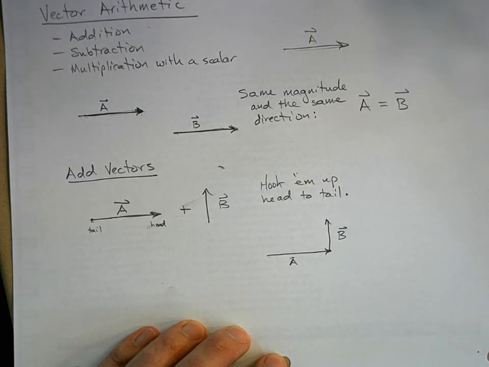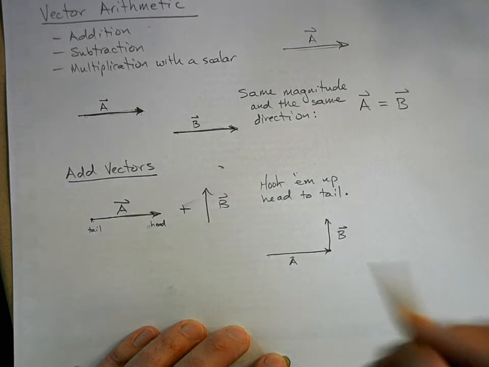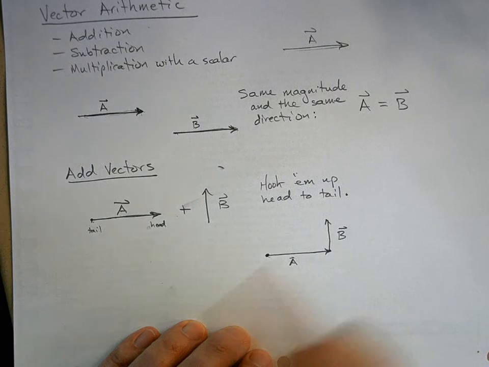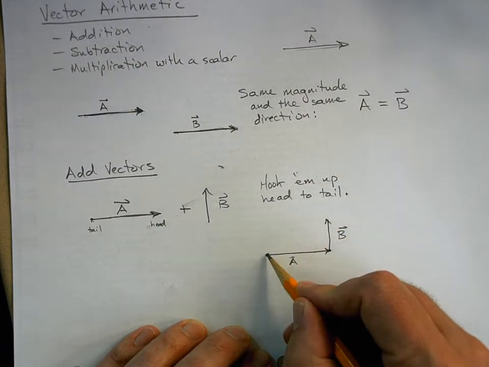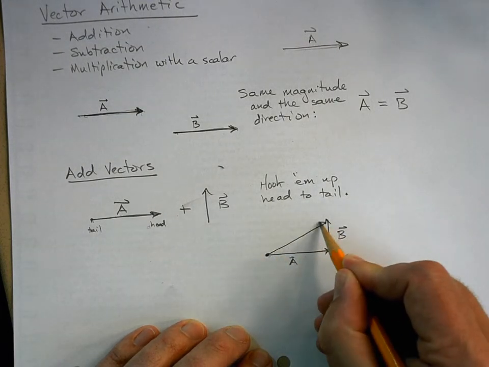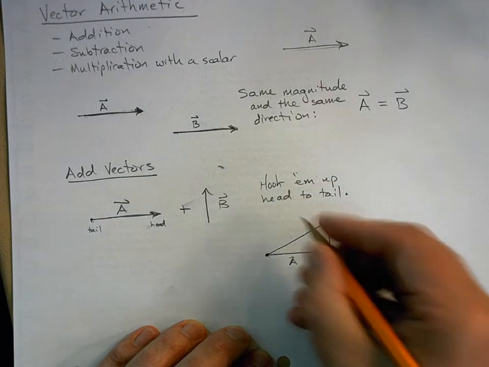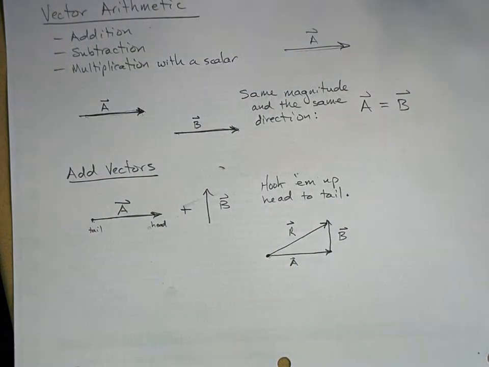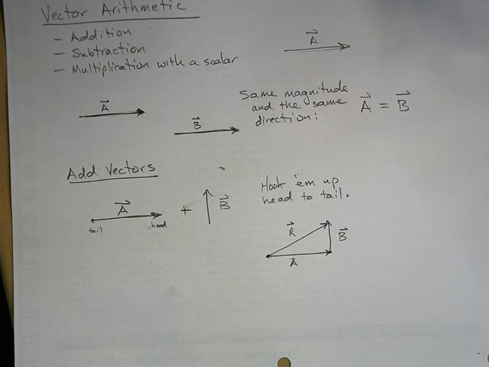Now, the result of adding A plus B is, well, you start where A started and you end where B ended. And the result of that, we're going to call that vector R. R for result or resultant. The result of adding vector A plus vector B. What is the result of that? We call that vector R.